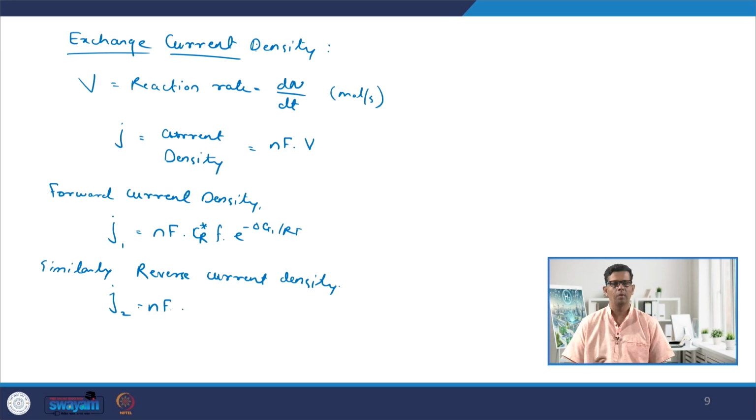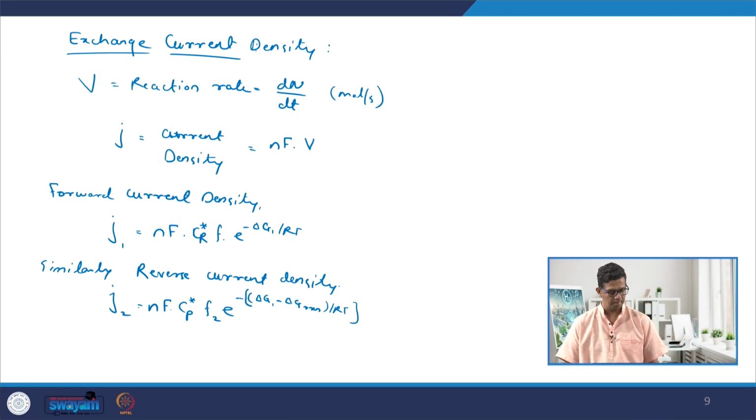So, we need to write it for V2, which is C_P star F2 e to the power, again in the delta G1 form. So, it is delta G1 minus delta G reaction by RT, all in superscript.